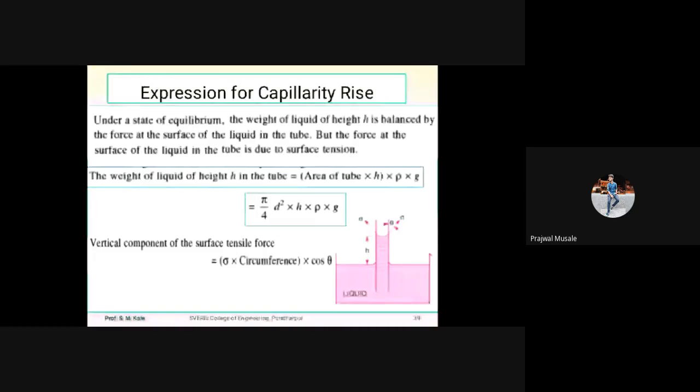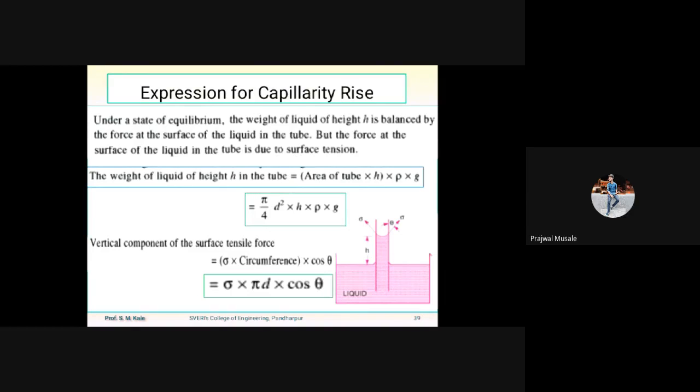The vertically upward component of sigma acts over the circumference, that is pi into small d, where d is the diameter of the tube. So sigma into pi d into cos theta is the vertical component of the tensile force.